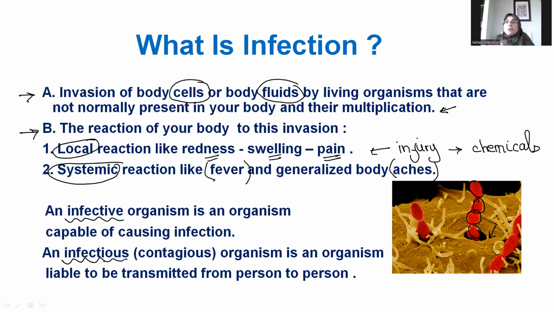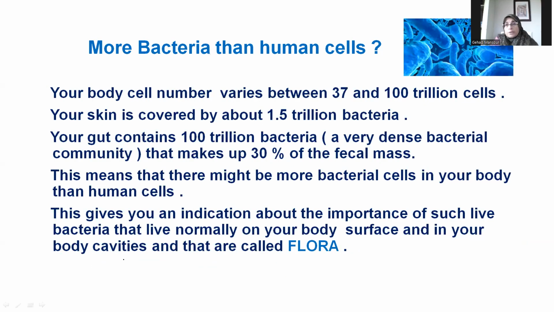For example, when you cough or sneeze, droplets of saliva arise from your mouth cavity or from your nose, and they will be inhaled by or transmitted to another person's respiratory tract, and they would cause infection. This means that the organism is capable of being transmitted from one host to another, so it is a contagious or an infectious organism.